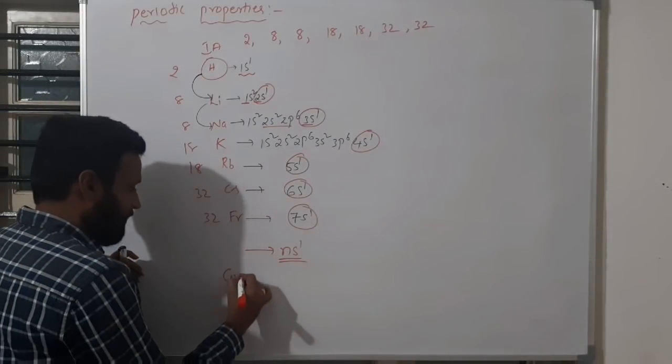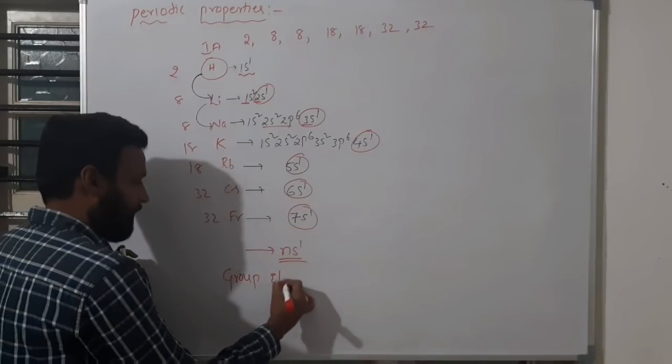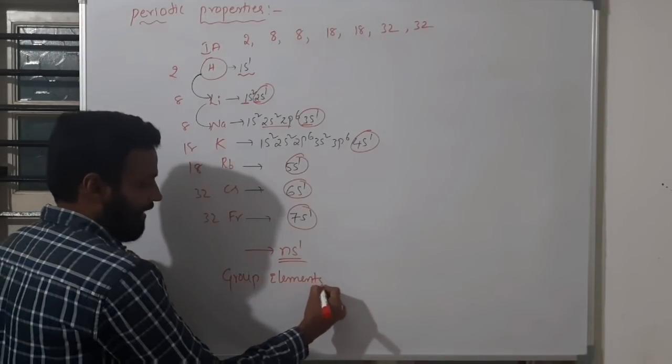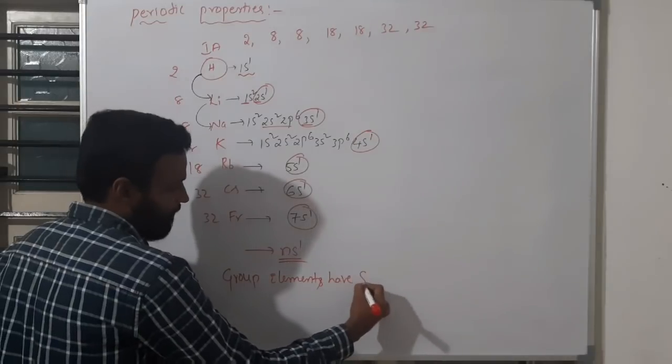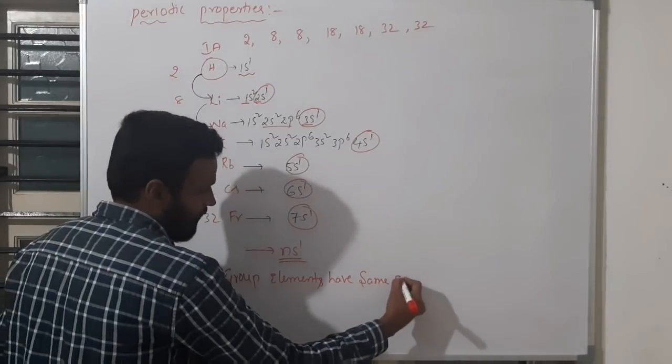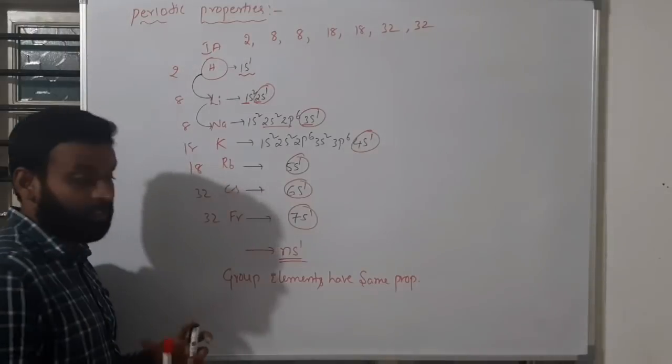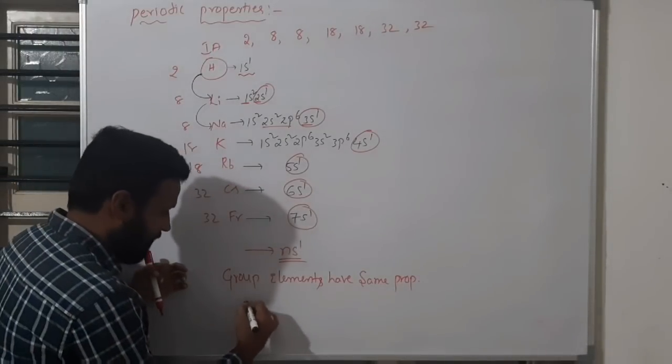So group elements have the same properties. Why? What is the reason?